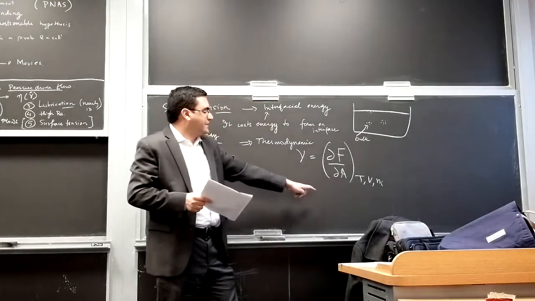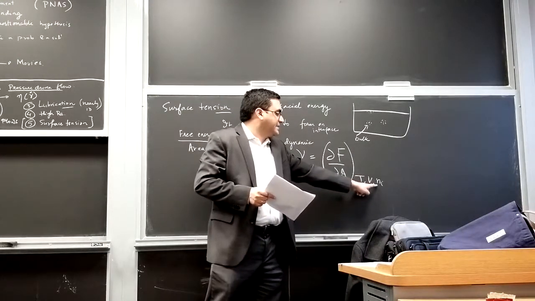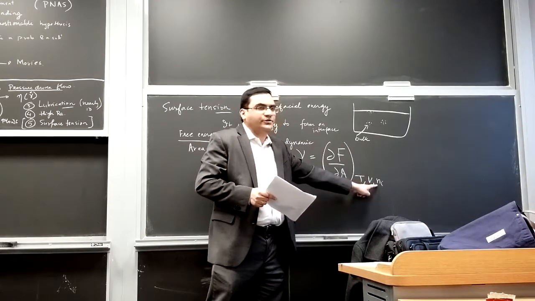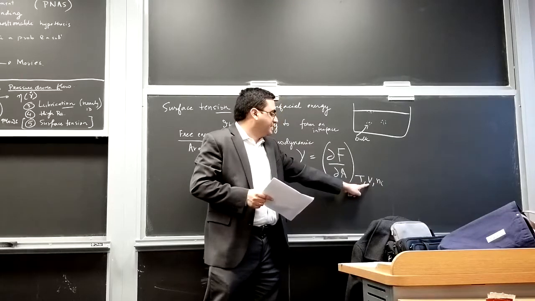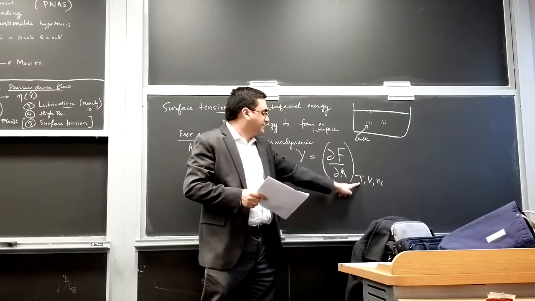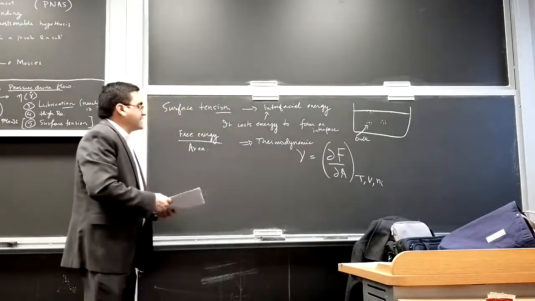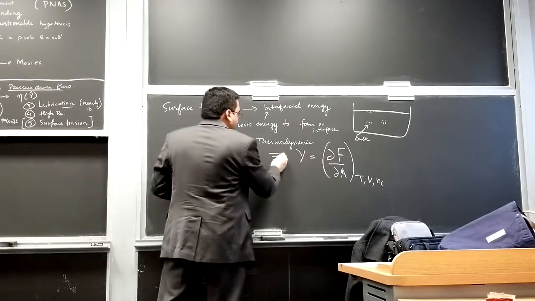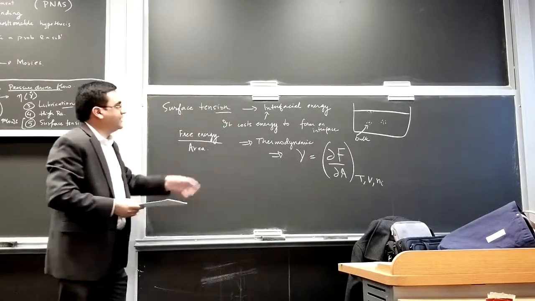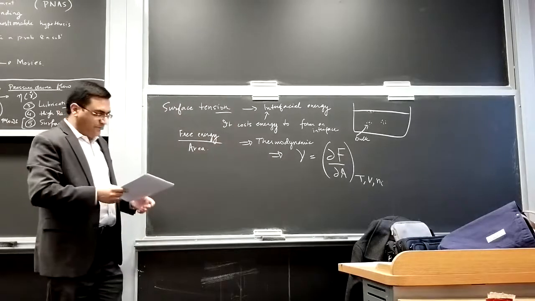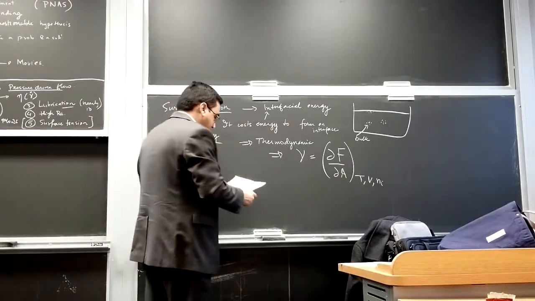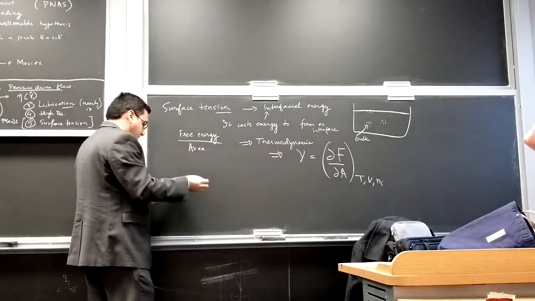Just like chemical potential represents a change in energy for adding a molecule, pressure determines free energy for changing volume, and entropy comes from the dT term. Likewise, you have this extra contribution that is correlated with the energy required to increase the surface area. So that's the thermodynamic definition.